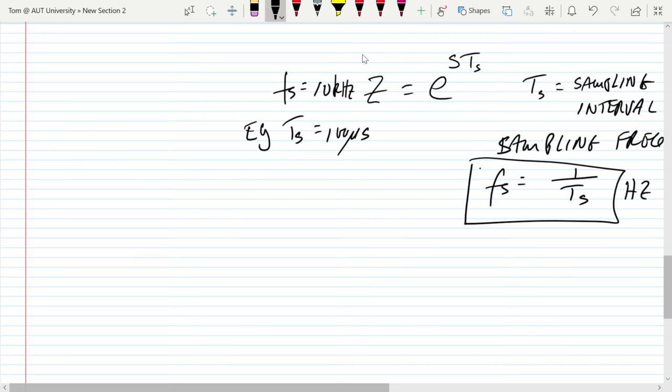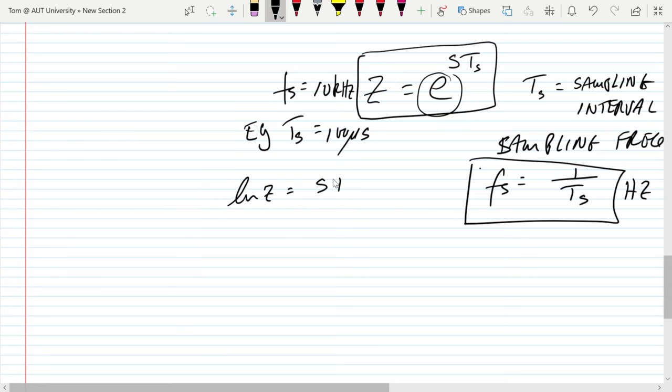Okay, that is the basic relationship between the so-called Z domain and the S domain. The problem with that is this exponential term. You can see straight away that if you take logs, you get log Z is equal to S times TS, and therefore S is equal to log Z over TS.